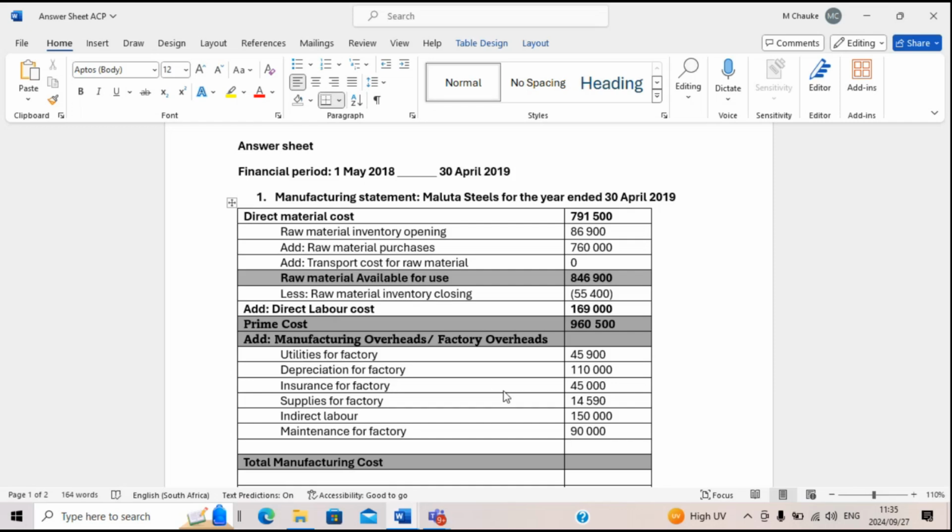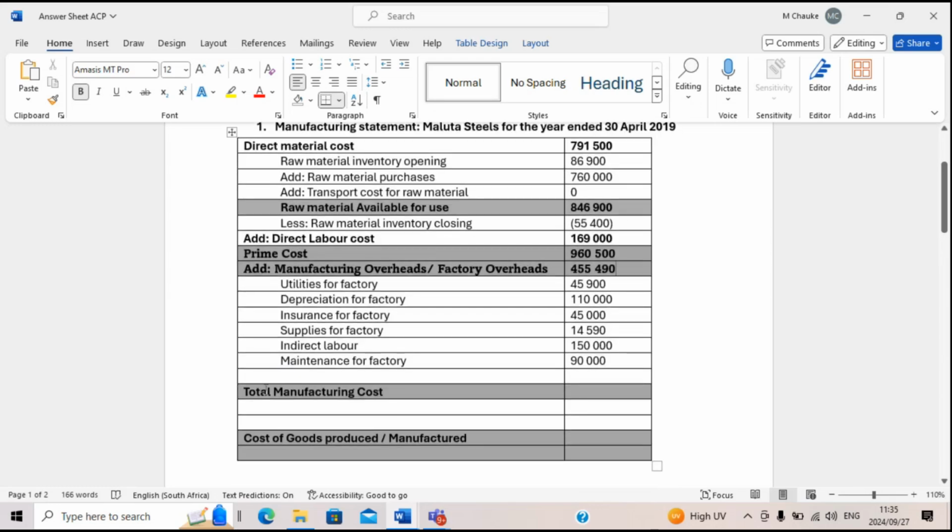So I got 455,490. That is our manufacturing overhead or factory overhead, right?